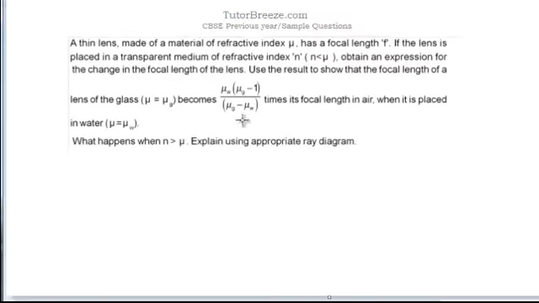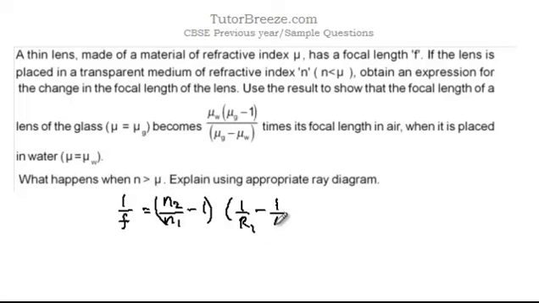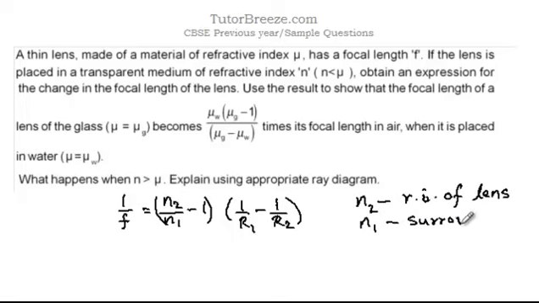Focal length of a lens is given by 1 by F equals N2 by N1 minus 1 times 1 by R1 minus 1 by R2. In the formula over here, N2 is the refractive index of the medium of which the lens is made, and N1 is the surrounding medium in which the lens is placed.